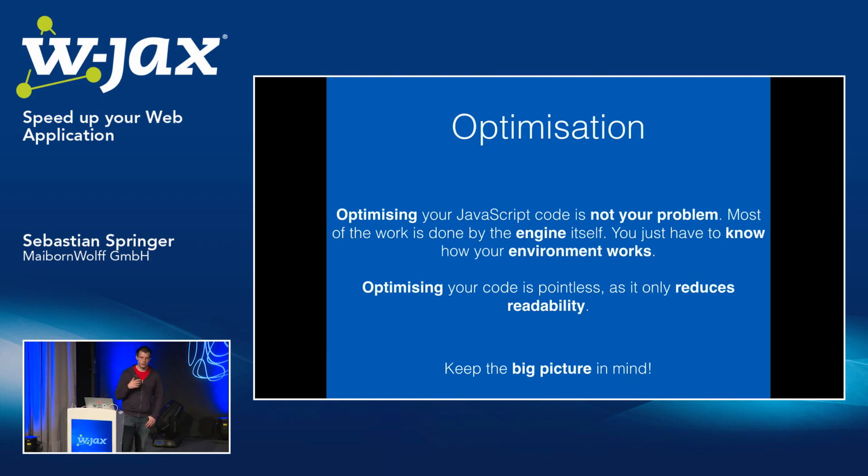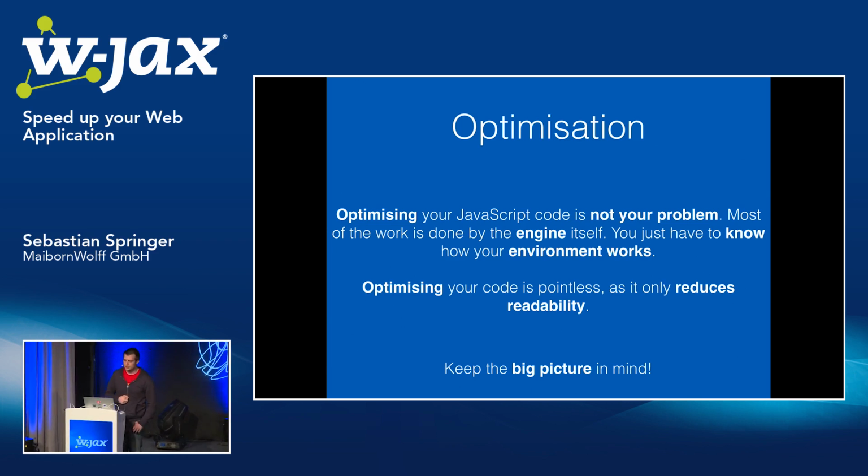Don't do your own optimizations, because if you optimize your code, it reduces readability. Write clean code, write readable code, and let the engine of your browser do the rest, and keep the big picture of your application in mind and not the fancy stuff which doesn't bring you anything.